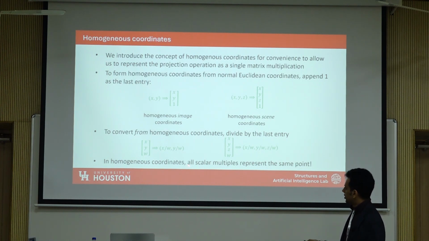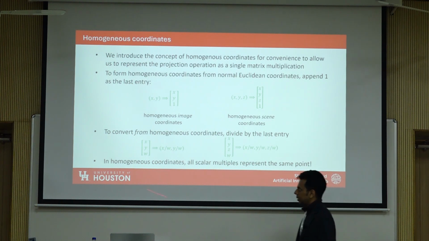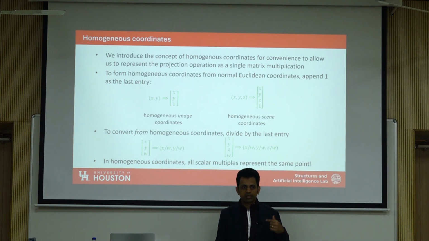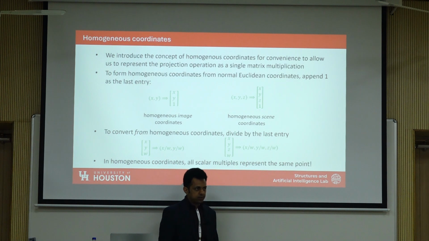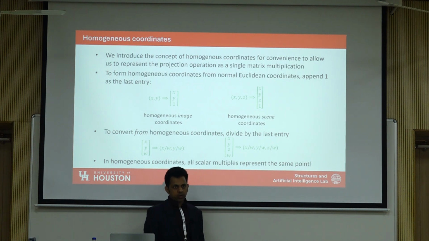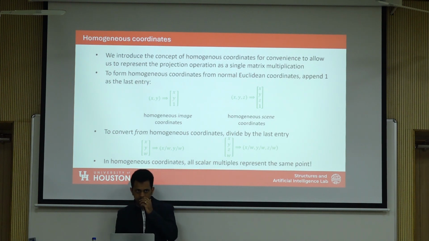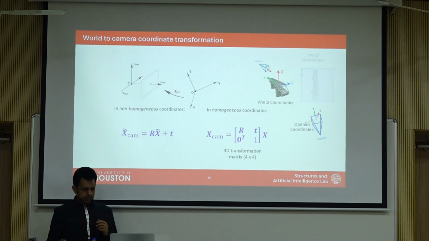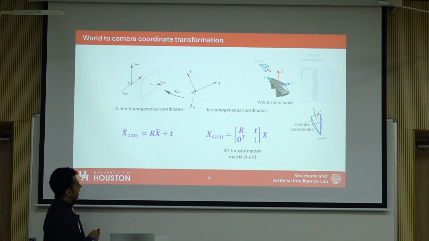So in homogeneous coordinates, all scalar multiples represent the same point. So if I have 2x, 2y, 2w, that's the same as x, y, w, which is not the case for non-homogeneous coordinates where you have x, y is not the same as 2x and 2y. Okay. So in non-homogeneous coordinates, this is my transformation. But commonly what is done in computer vision is to use homogeneous coordinates.